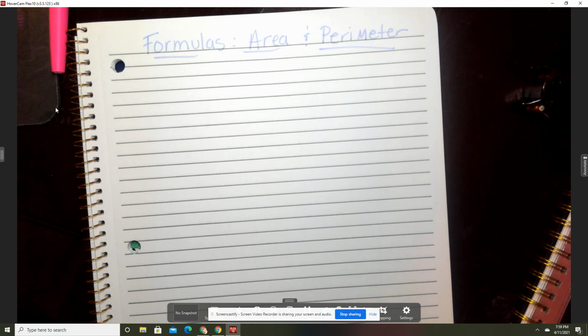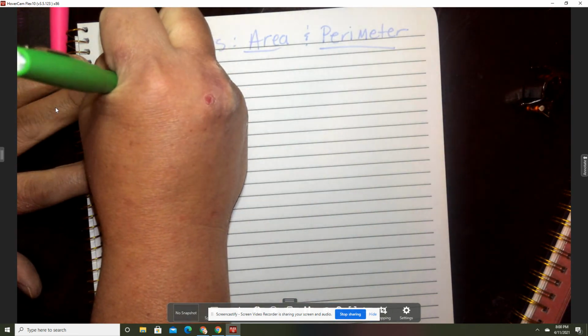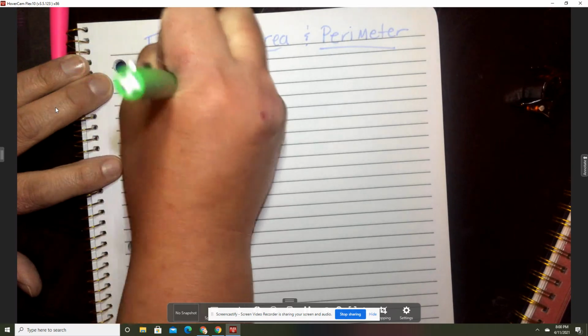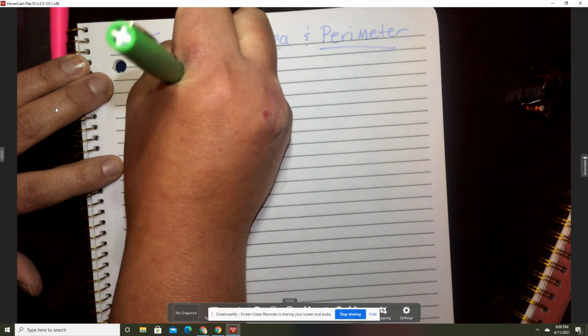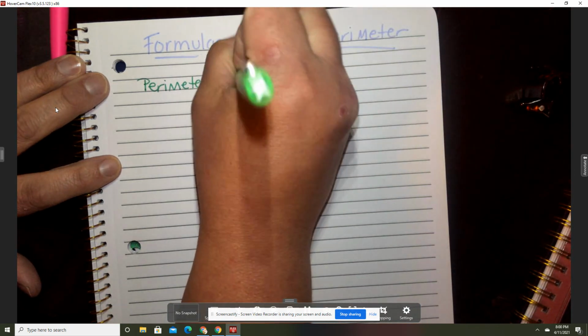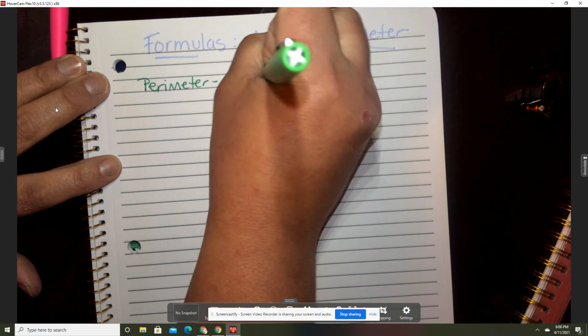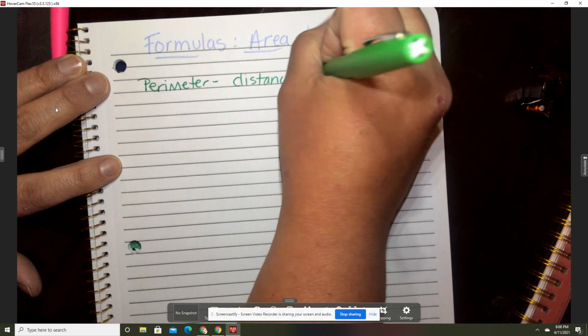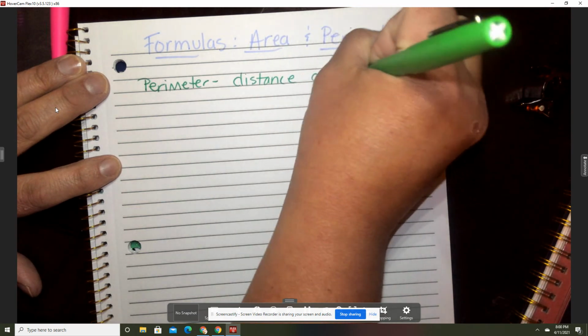We use them to find the distance around or the distance inside. So perimeter is used to find the distance around.